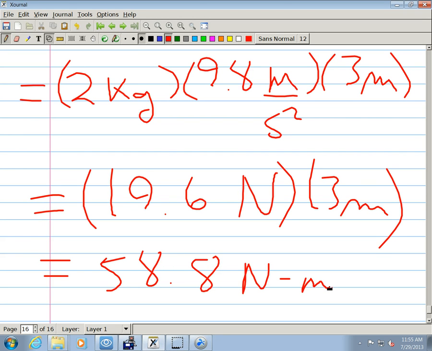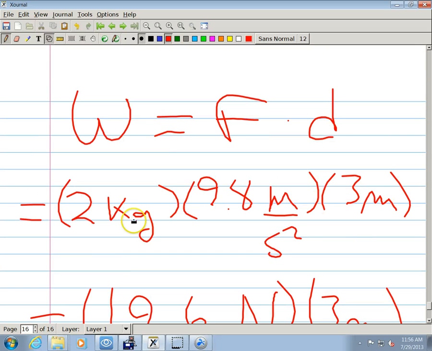Now that's if you're working directly straight against the force. Your displacement is parallel to the force. But that's not the definition of work. The definition of work is a scalar: force vector dot displacement vector. It's a dot product of two vectors, okay?